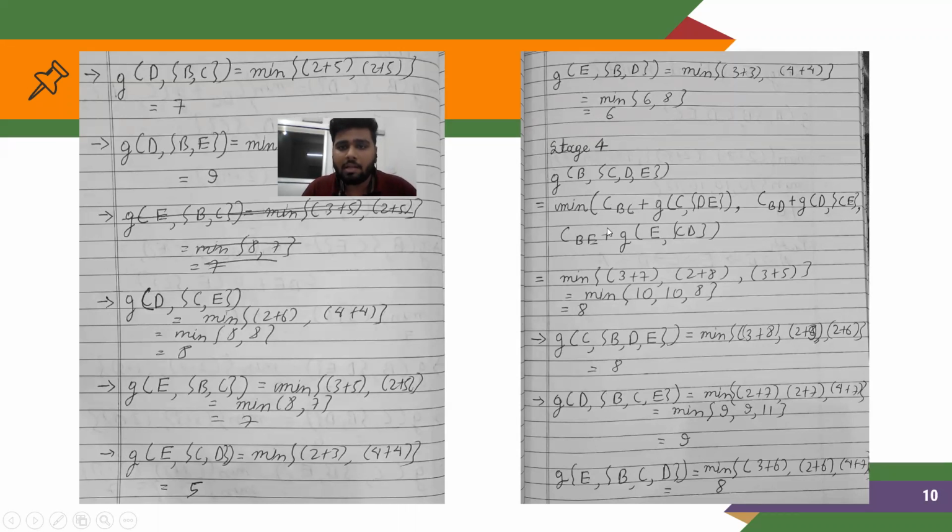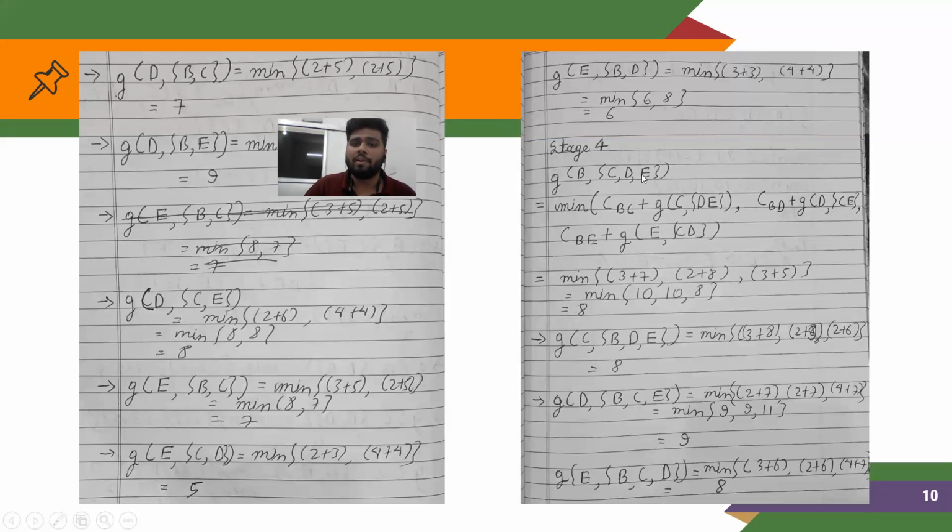For example, minimum of C of BC plus G of CDE, comma CBD plus G of DCE, plus CBE plus G of ECD. So how will we get this function? Let's see. So here B, C is Ij, and C is J, and DE is the result of this set minus the J. So the set is CDE minus, what is J?